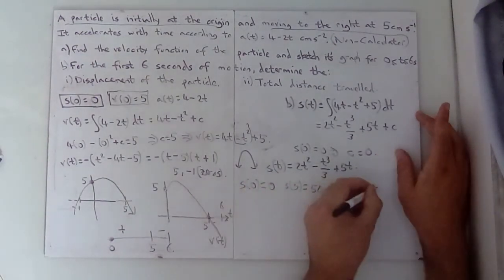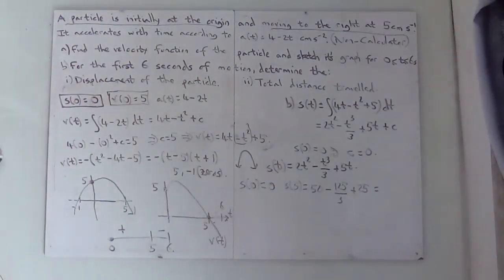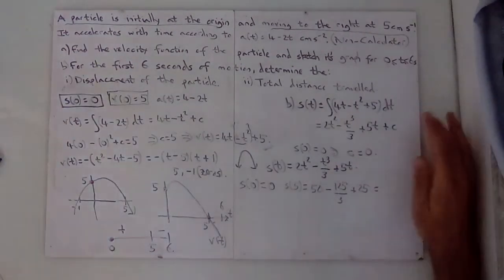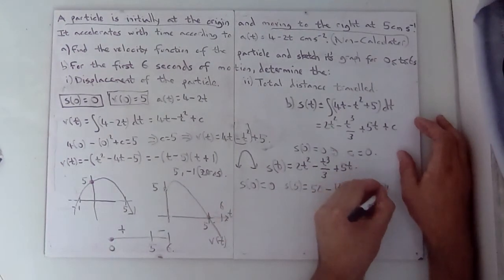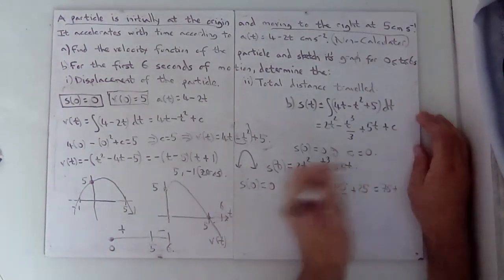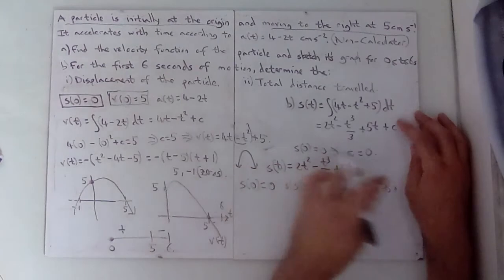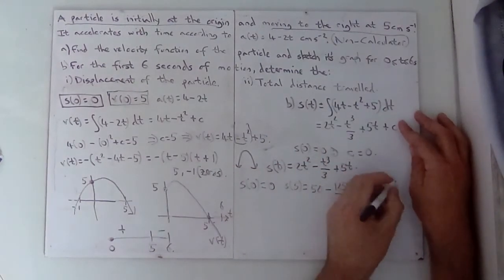So that must be, well, 125 over 3 could be 120 divided by 3, which is 40, plus 5 divided by 3. So that could be 41 2/3. So that's 50 plus 25, which is 75, minus 41 2/3.